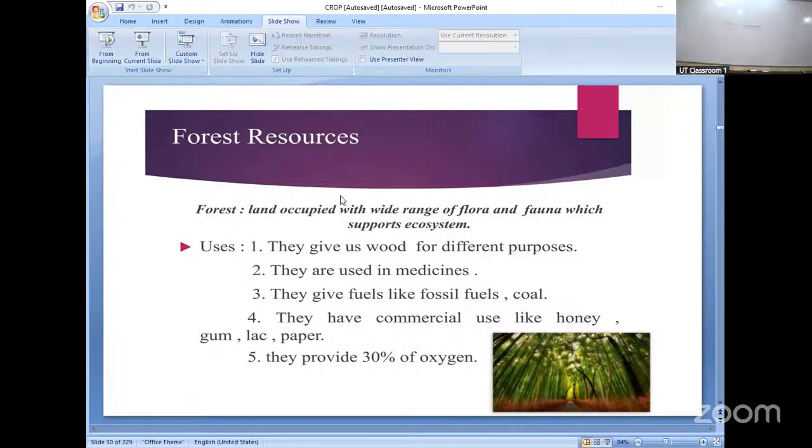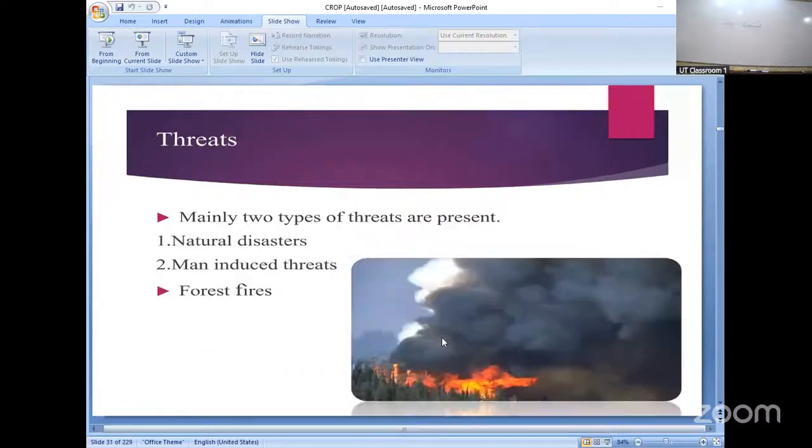There are various uses of the forest: it gives timber, it provides medicines, fossil fuels, coal, even oxygen. But there are threats to the forest, like natural disasters, fire in the forest. Man also causes threats by just cutting the trees, right?